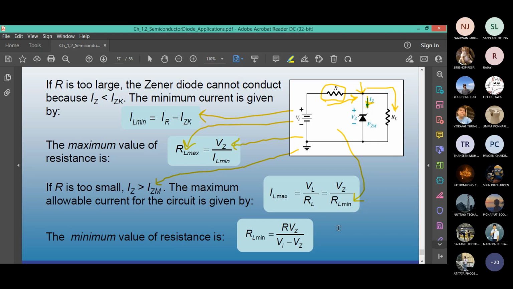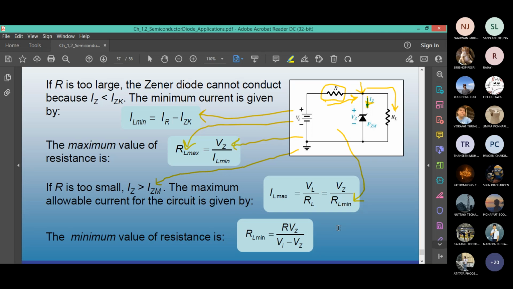VL equals the voltage across the load resistor, VI times RL divided by R plus RL. So for minimum RL, if you take RL as RL minimum, you rearrange the equation, you will get R times VZ divided by VI minus VZ. We'll do at least two problems for two different cases.